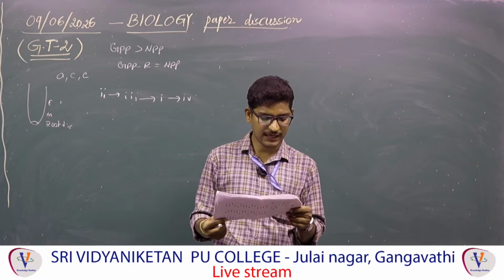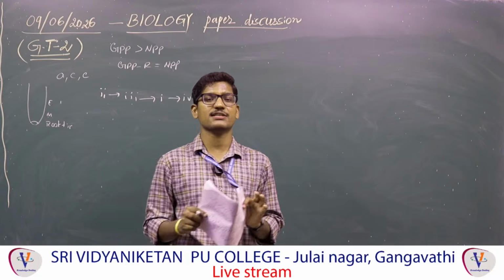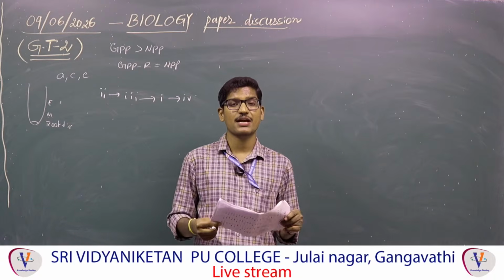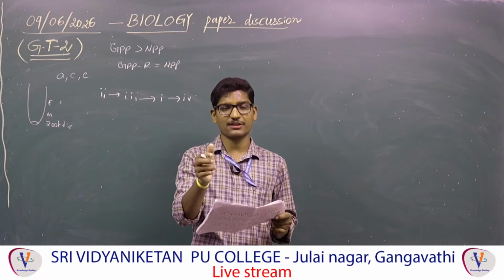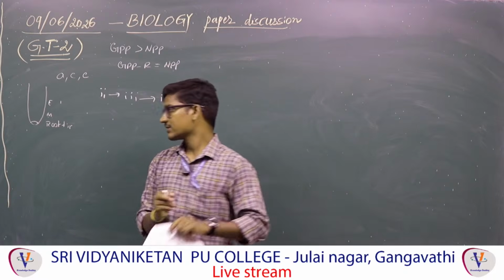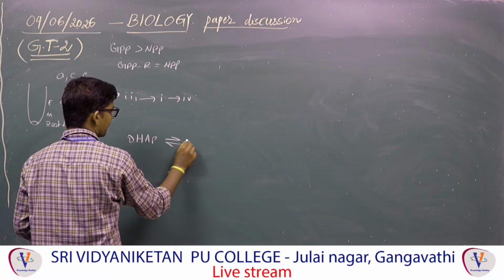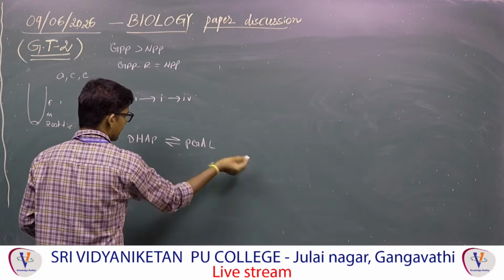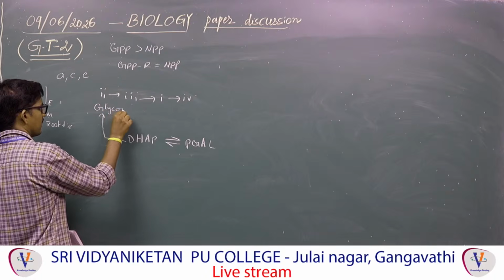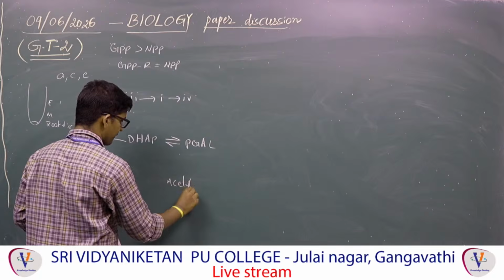145. Respiratory pathway is called amphibolic pathway. Why it is amphibolic pathway? Because it requires the catabolism and also anabolism. How anabolism? Any material in the glycolytic pathway will be extracted, useful for the synthesis of required molecules. Suppose DHAP, which is a part of the glycolysis, we can also call it as a PGAL, that will be utilized for the synthesis of glycerol, and in this pathway acetyl coenzyme A will come.